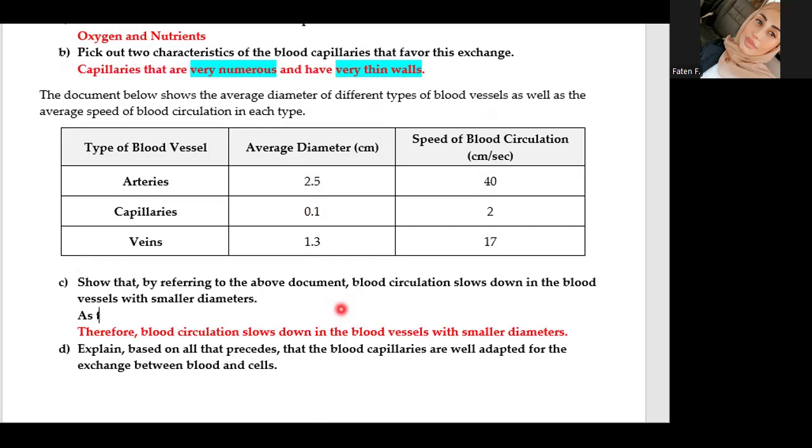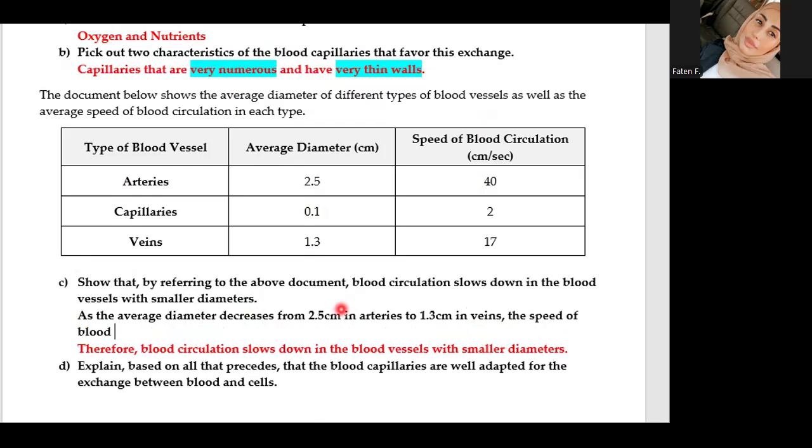Okay? As the average diameter decreases from 2.5 centimeter in arteries to 1.3 centimeter in veins, the speed of blood also decreases from 40 centimeter per second in arteries to 17 centimeter per second in veins.